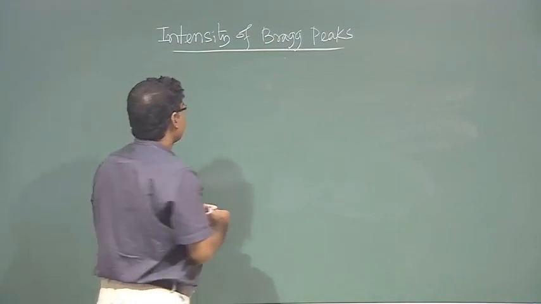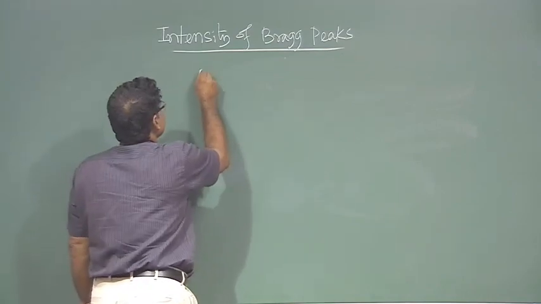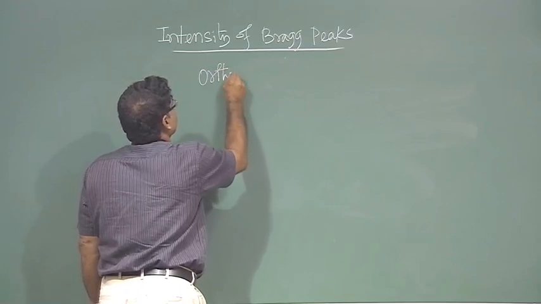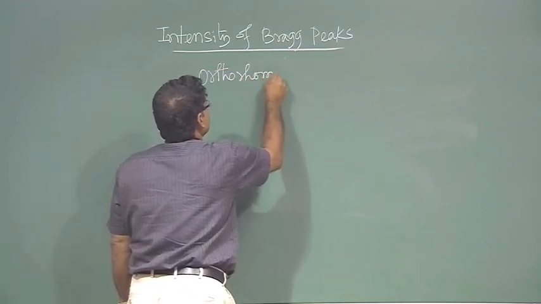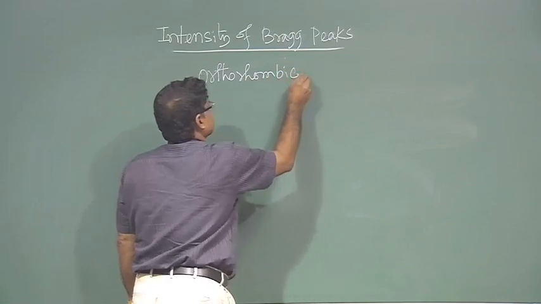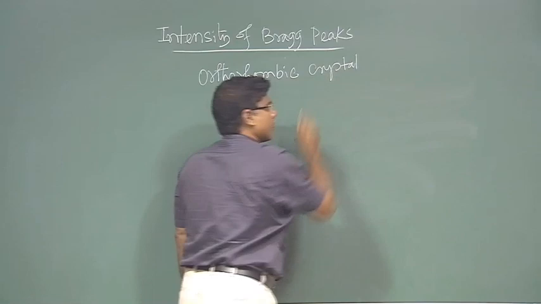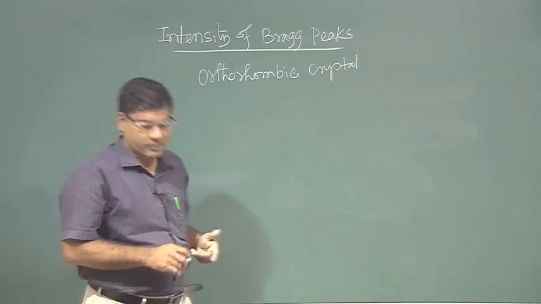If you take just an orthorhombic crystal, it has 4 Bravais lattices.